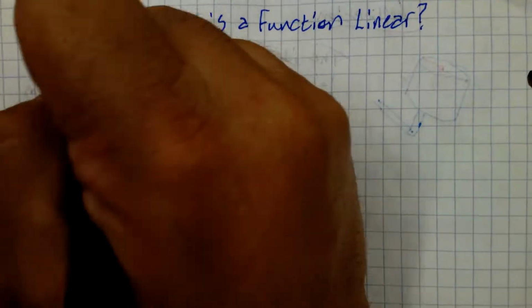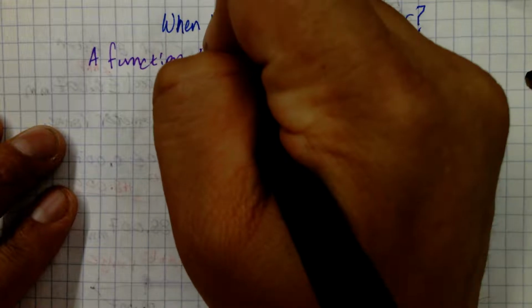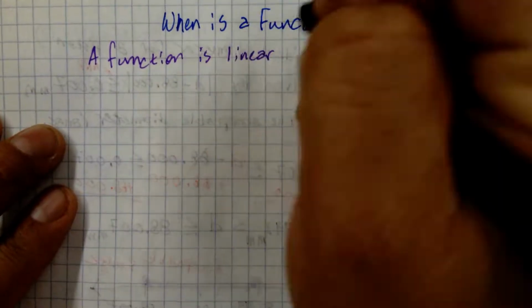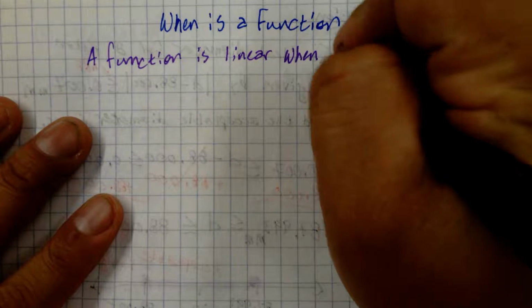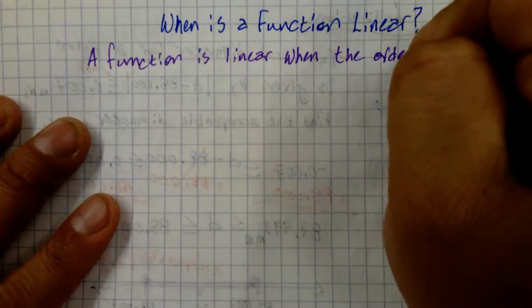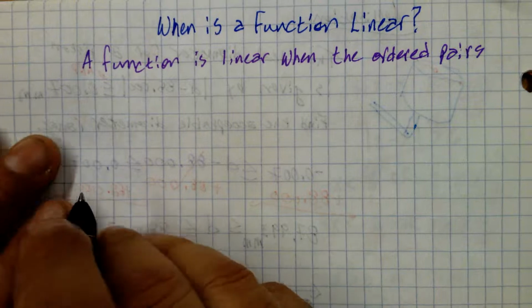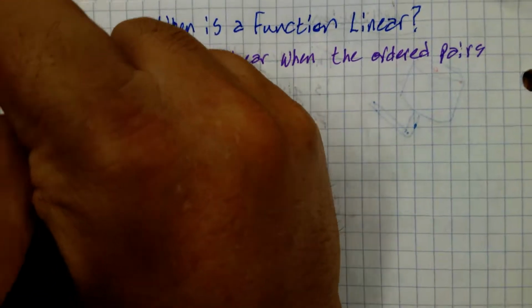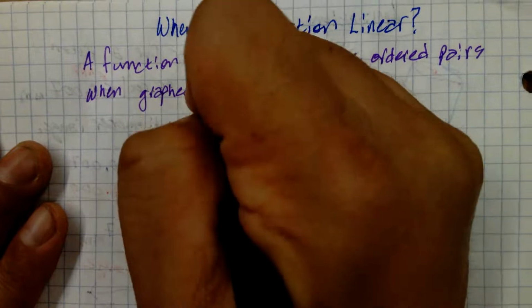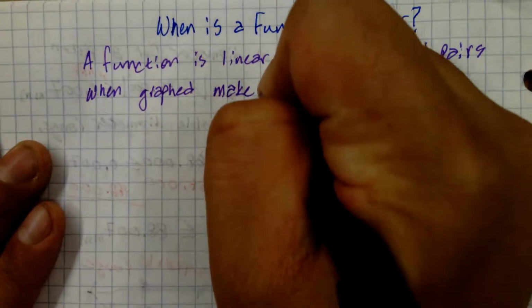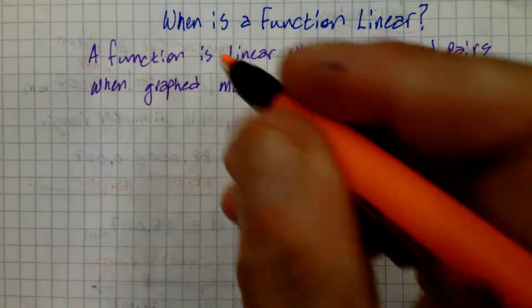A function is linear when the ordered pairs, when graphed, make a line. Okay. Ergo the name linear functions.